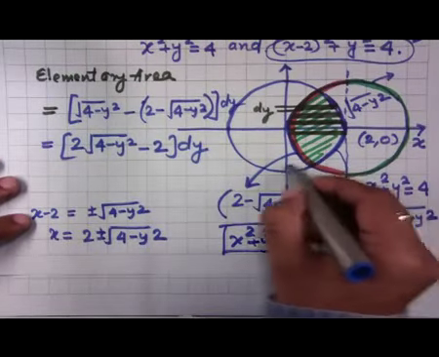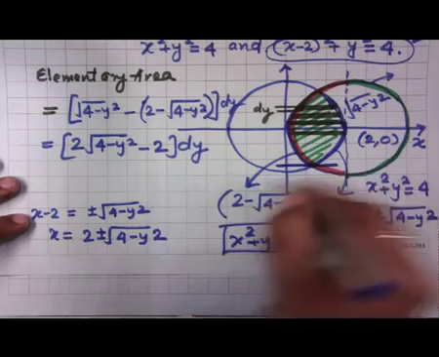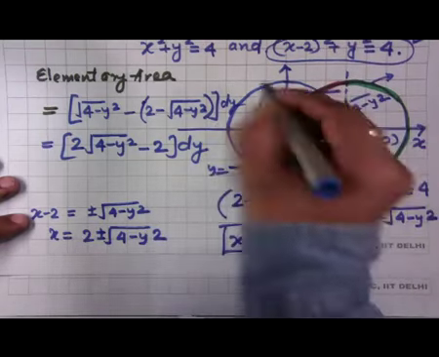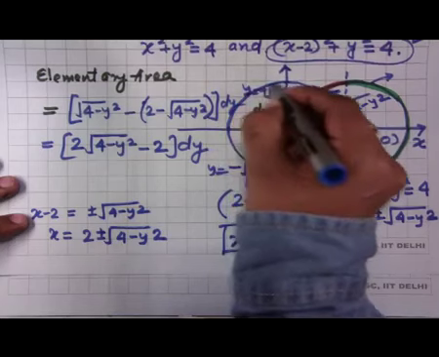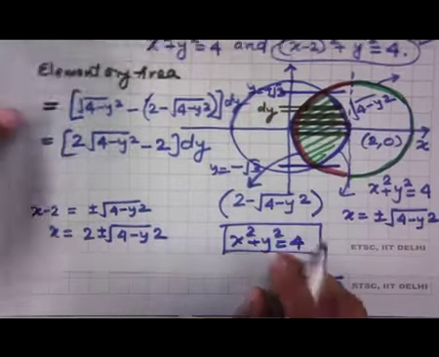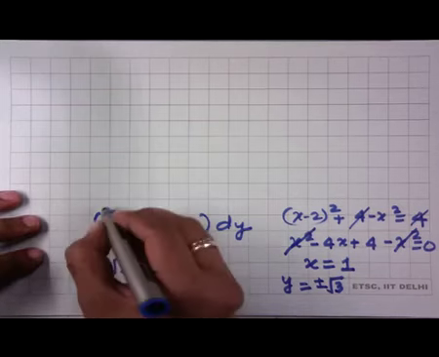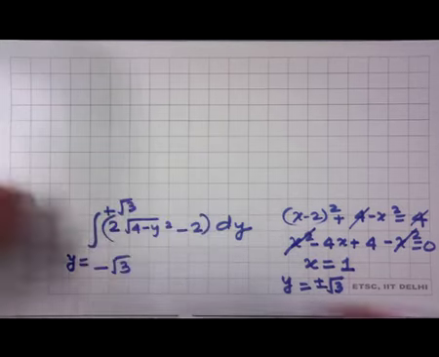So, this is y equals to minus root 3, and this is y equals to plus root 3. So, the limit of the integration will be from minus root 3 to plus root 3.